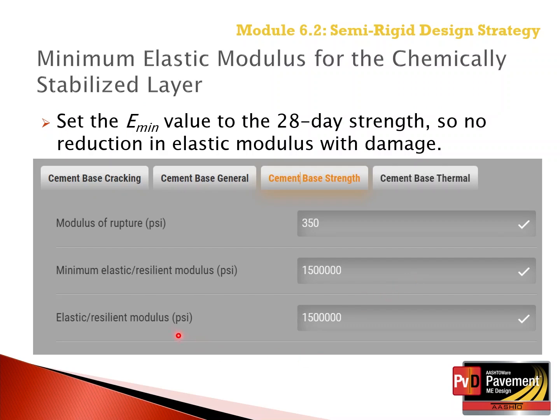And that is shown here as the minimum elastic modulus should be equal to the 28-day elastic or resilient modulus measured. If it's measured in the laboratory at 1.5 million, then the minimum elastic modulus should be 1.5 million, because the modulus of rupture, the value that's entered by the user, is not going to change throughout the design life.